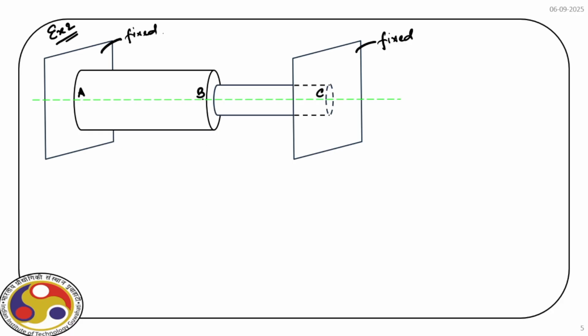Then at the middle, let us apply a torque of T0. Our task is to find out tau AB and tau BC.